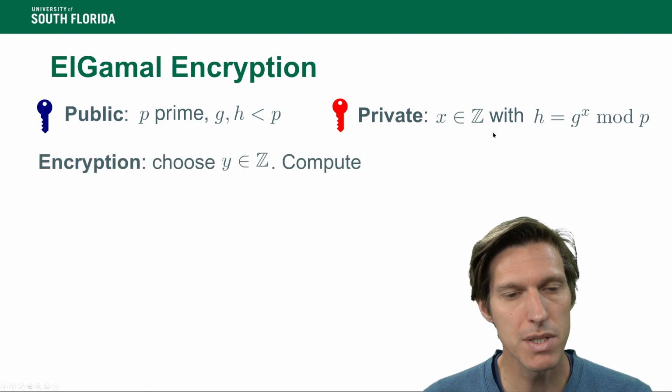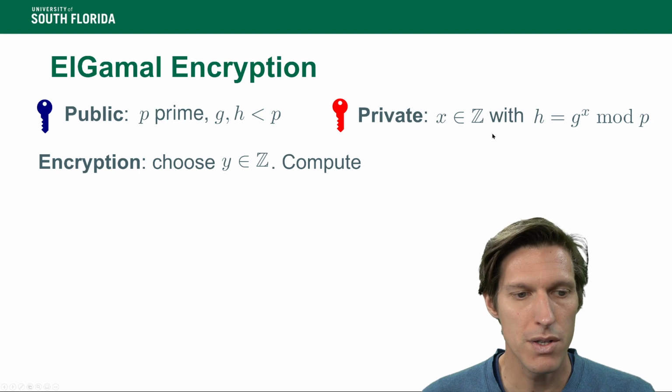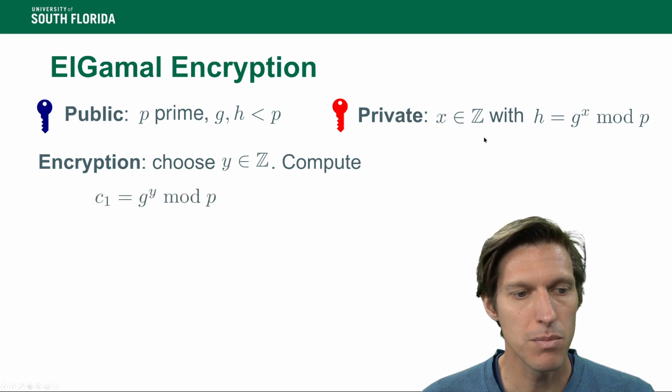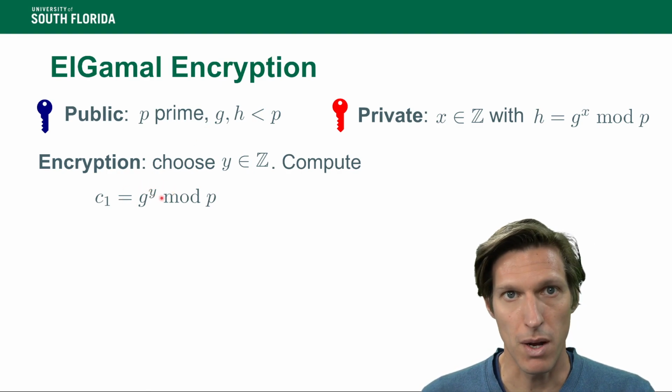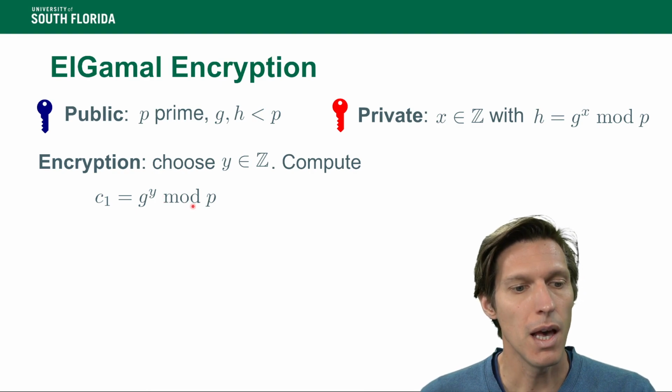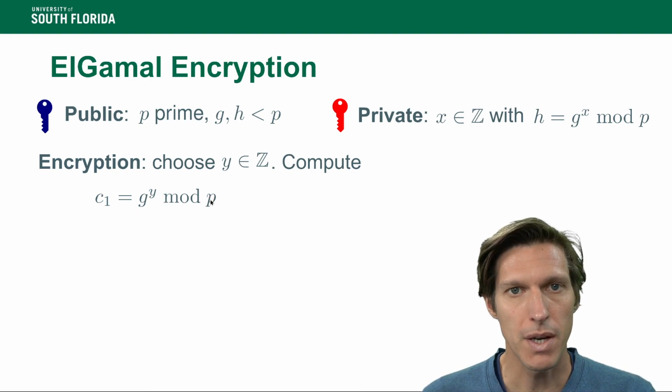Now, to encrypt, one first draws a y at random and computes C1, which is g, the public value, to the power y, which they just derived for this particular encryption and this only, and reduce it mod P, okay?